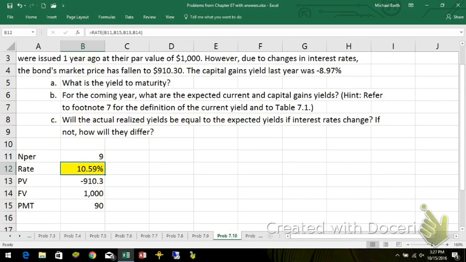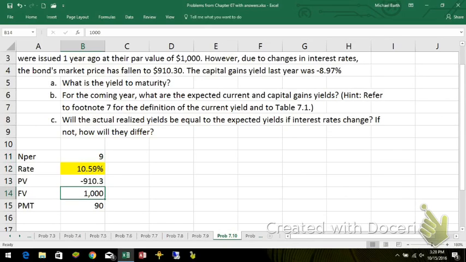So investors have lost some money. By the way, they only lose money if they sell the bond. If you hold this bond for the next 9 years, that price will eventually go to $1,000. So if you hold the bond to maturity, assuming it doesn't default, you'll get $90 a year for 9 more years, and then the $1,000.